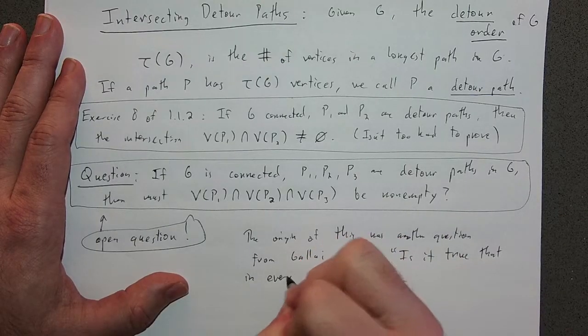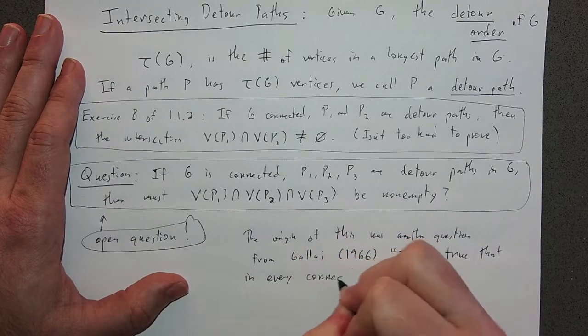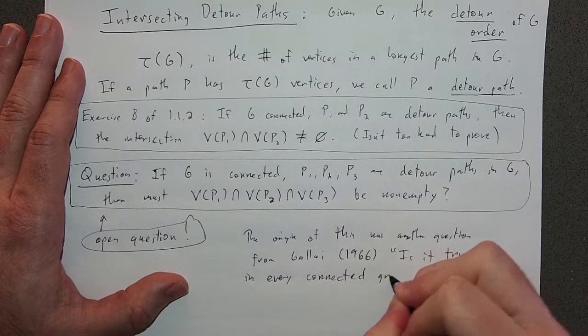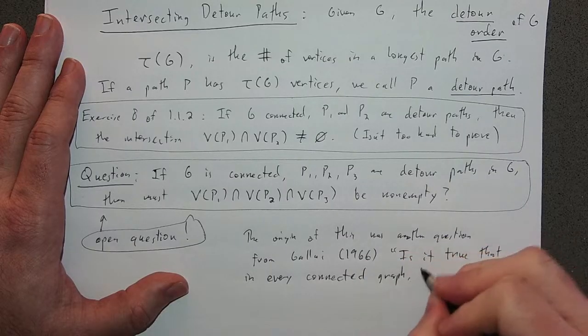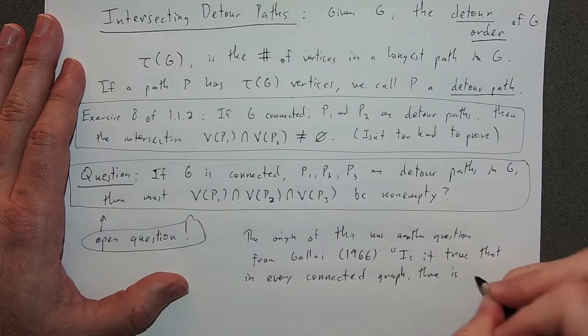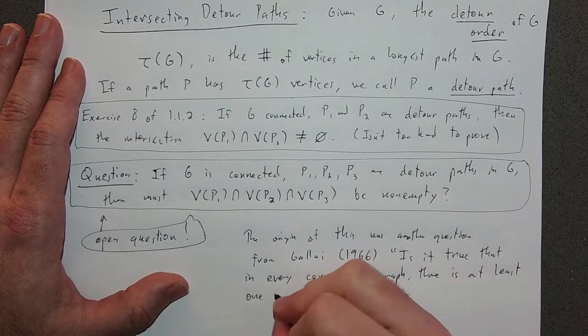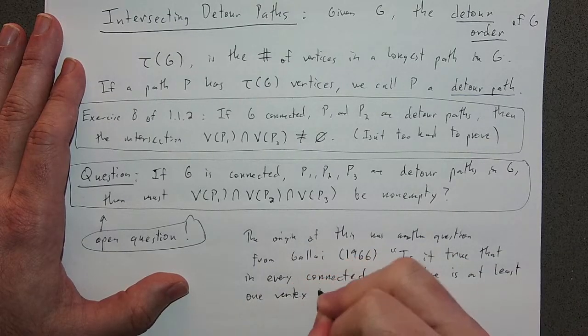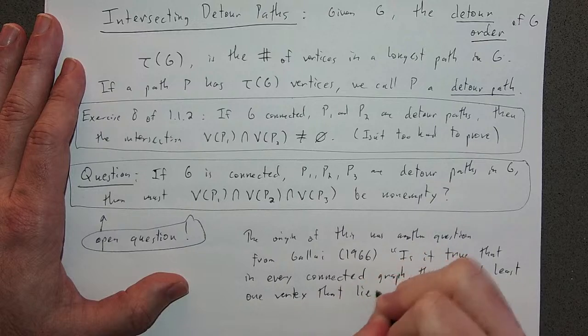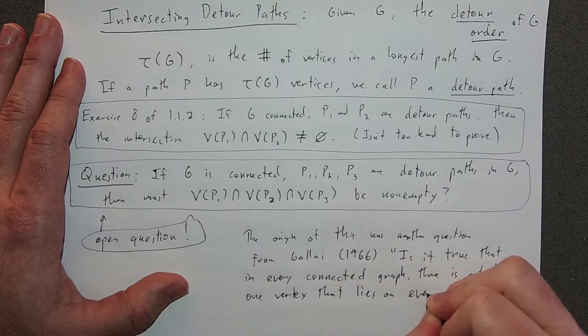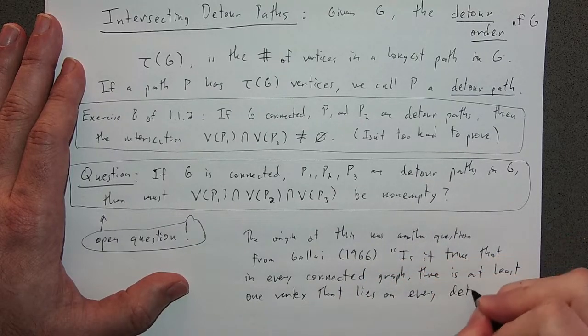So is it true that in every connected graph there is at least one vertex that lies on every detour path?